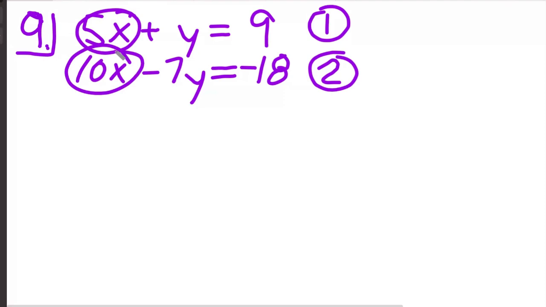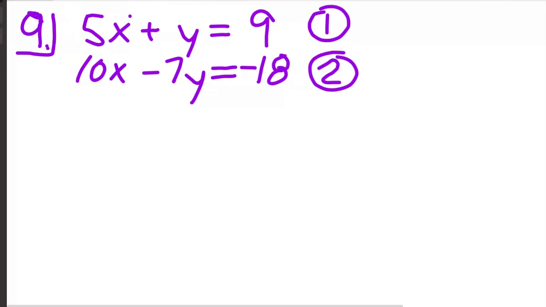If we had that, we could subtract both. We'd end up with a 0x. We get rid of one of those variables because that's our goal, to get rid of one of the variables so we can solve for the other one, whether getting rid of the x to solve for the y or getting rid of the y variable to solve for x. Because once we find that, x or y, then we can plug that back into either one of those equations to solve for the other one, right?